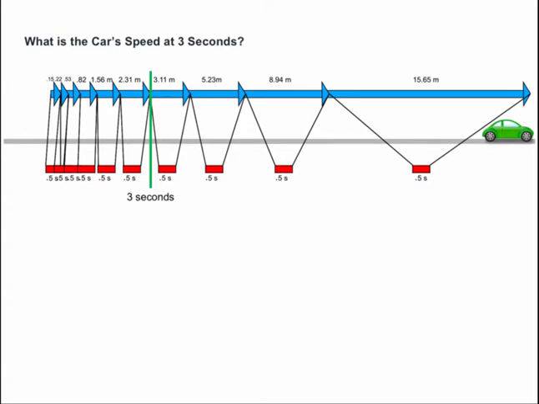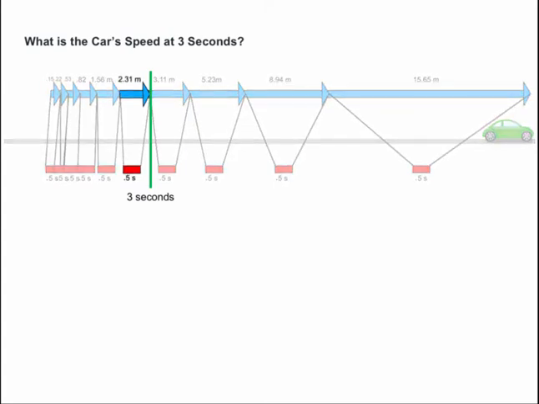As we did with the 1 second intervals, we can find an average speed over the interval right before the 3-second mark. Here, the average speed is 2.31 meters per half second. This is equivalent to 4.62 meters per second. Then we can also find the average speed right after the 3-second mark.